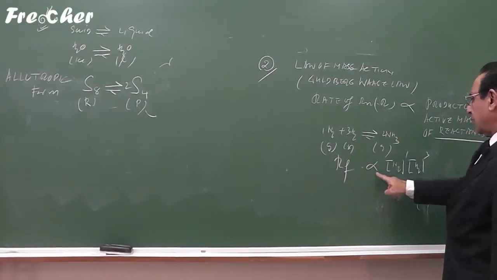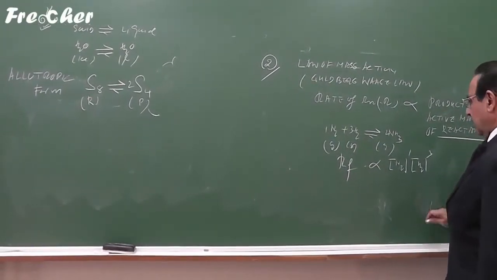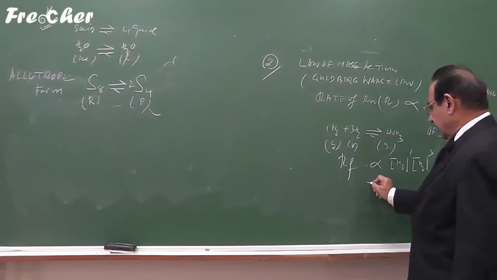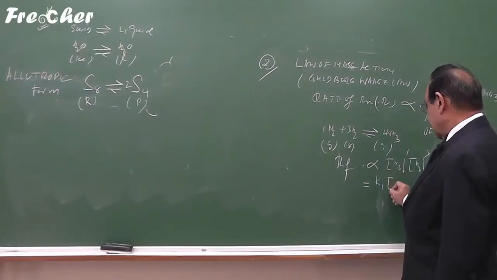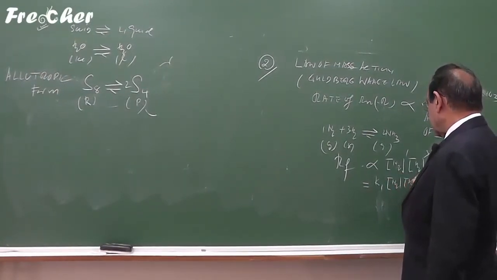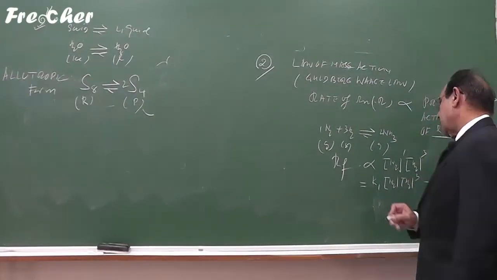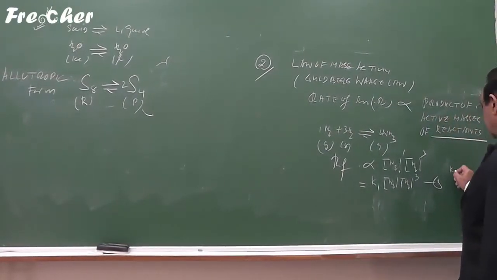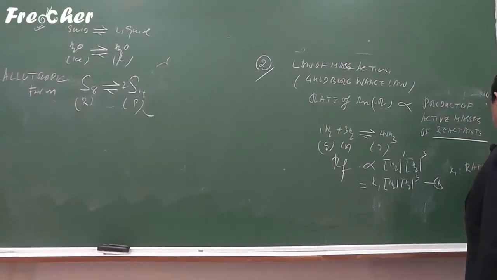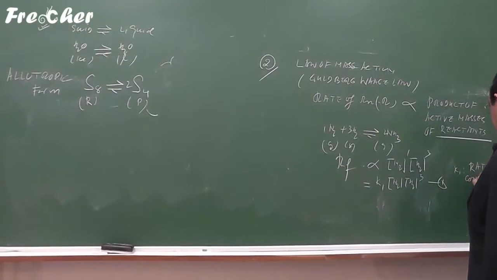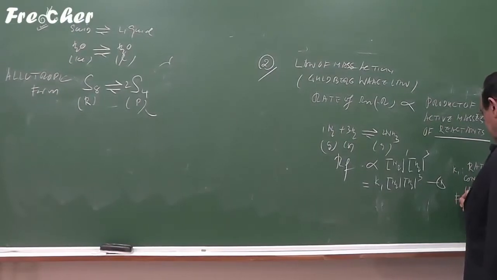So this is the rate of forward reaction. If I remove the sign of proportionality, I can write a constant K1 times N2 times H2 to the power 3. Here K1 is called the rate constant of the forward reaction.